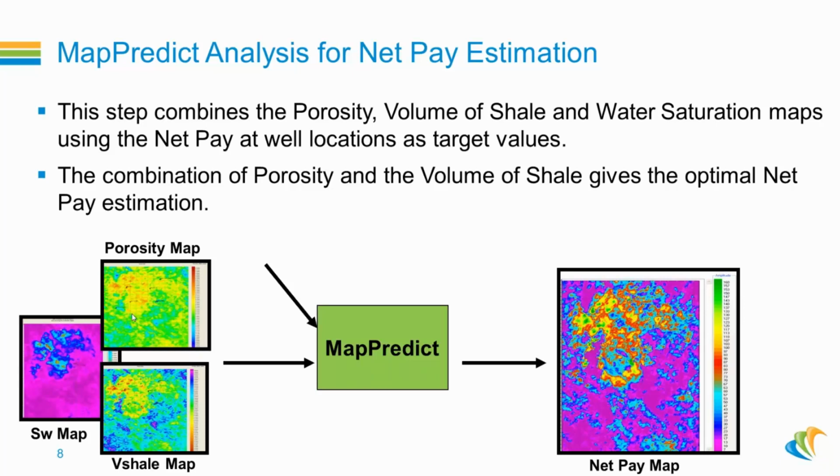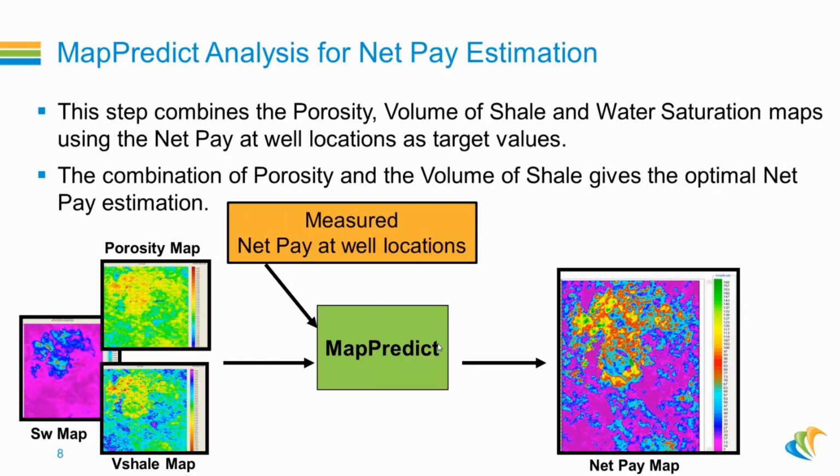And we want to combine these maps and again derive the relationship to predict the net pay map. This approach also requires measured net pay values at the well locations.